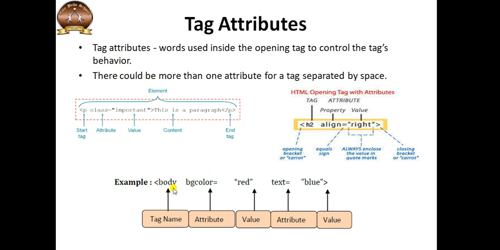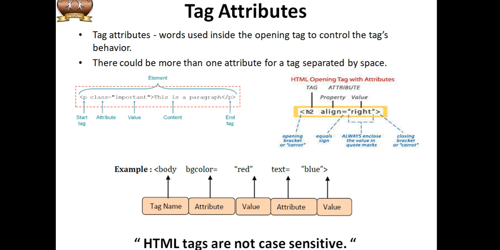Similarly, here the body tag has bgcolor. bgcolor is the attribute, the behavior the body will show. Whatever content is inside the body tag will have a background color of red, and the color of the text will be blue. That is how we can see here that more than one attribute of a tag can be written, separating them using a space.